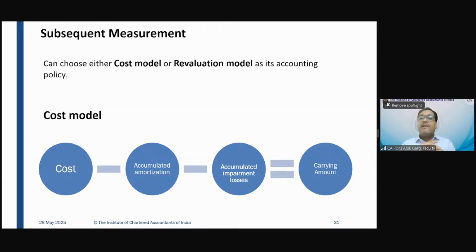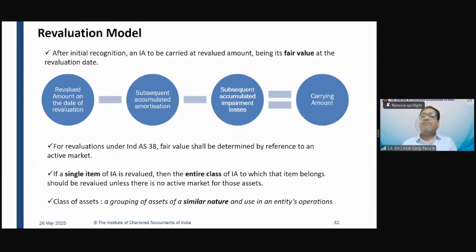But if a particular asset does not have a fair value, you can continue that asset at cost, even though for other assets you are opting for a fair value model, revaluation model, right? If you have 5 software, and for 4 you have fair value, you revalue those 4, and for one the fair value is not identifiable, so you can keep that asset at cost also, right? That is an exception.